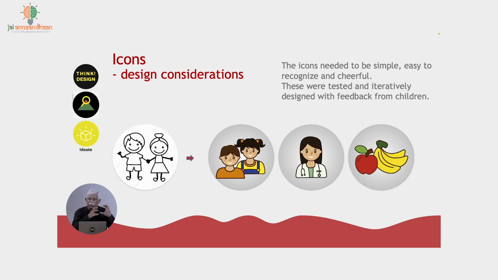We took a lot of effort and time to conceive of what that particular image is, which is very simple, easy to recognize, and also cheerful because it's meant for the children. These were tested and iteratively designed over a period of time with feedback from children. We wanted to make sure that it is child friendly to look at and they would actually like these images.